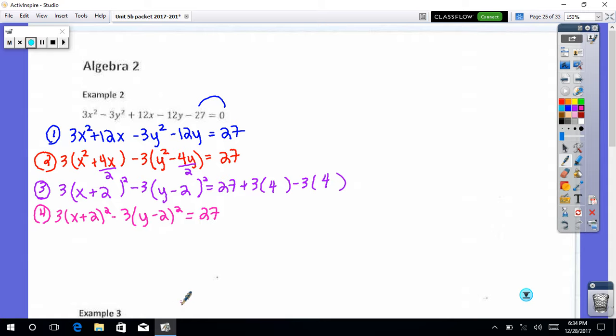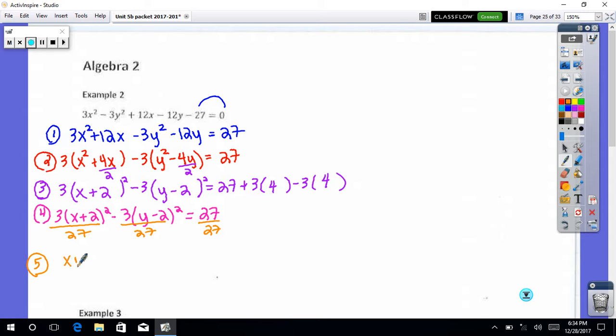I end up with 27. I need to make it equal 1. So I divide by this answer over here using my alpha y equals button. 3 over 27 is 1 over 9.